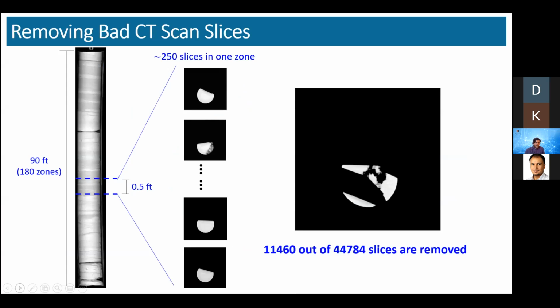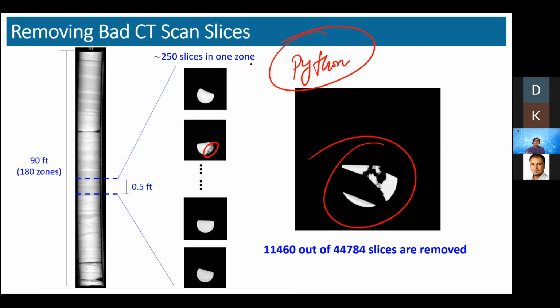Look at this. The way I define a poor quality image is where things are broken, like this. For all the work I have done in the last 6 years, I always use different packages in Python. I don't use R, which is another language. One of the packages is skimage. There is another package called CV2.